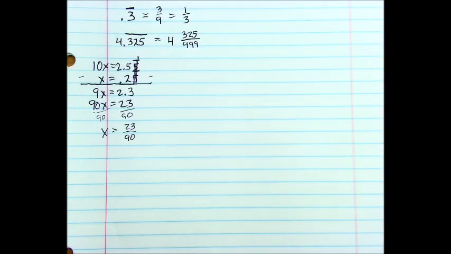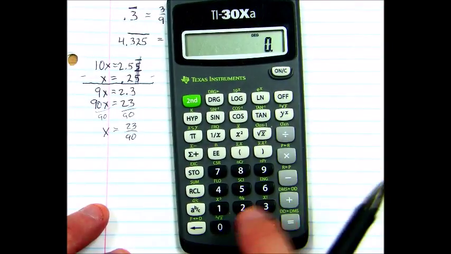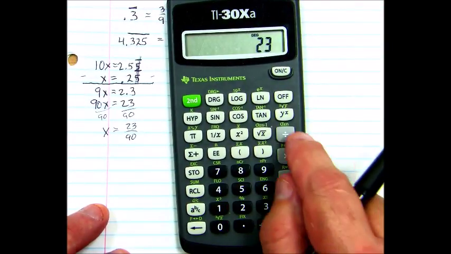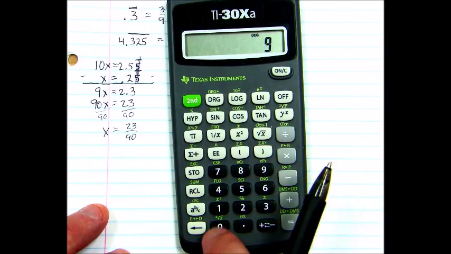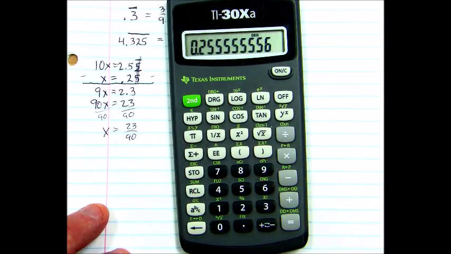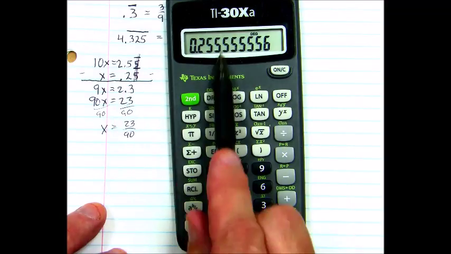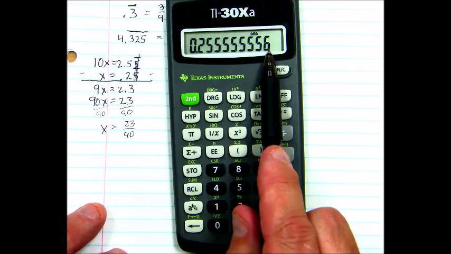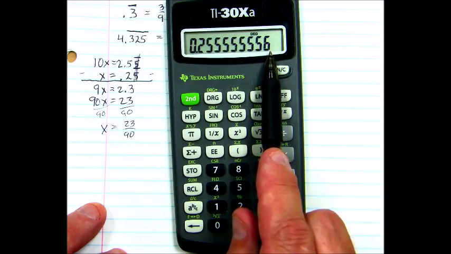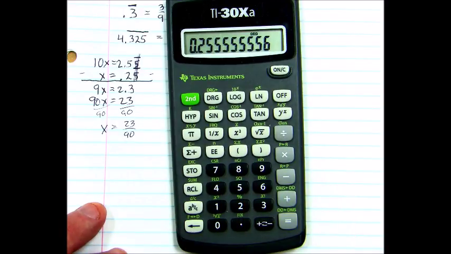Grab a calculator, see if I'm right. 23 divided by 90. Look at that. So you were right. 0.255555. These are all 5s. It rounded the last digit. That's really a 5. It just rounded it up at the end.